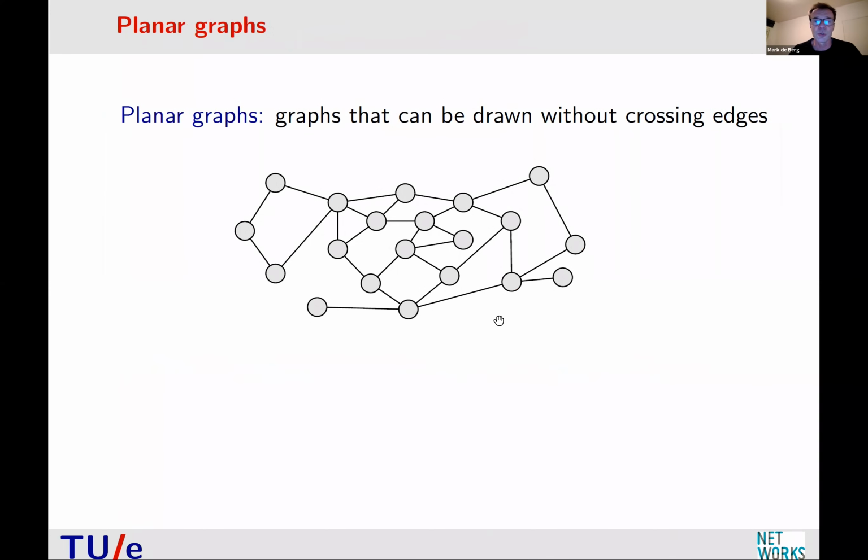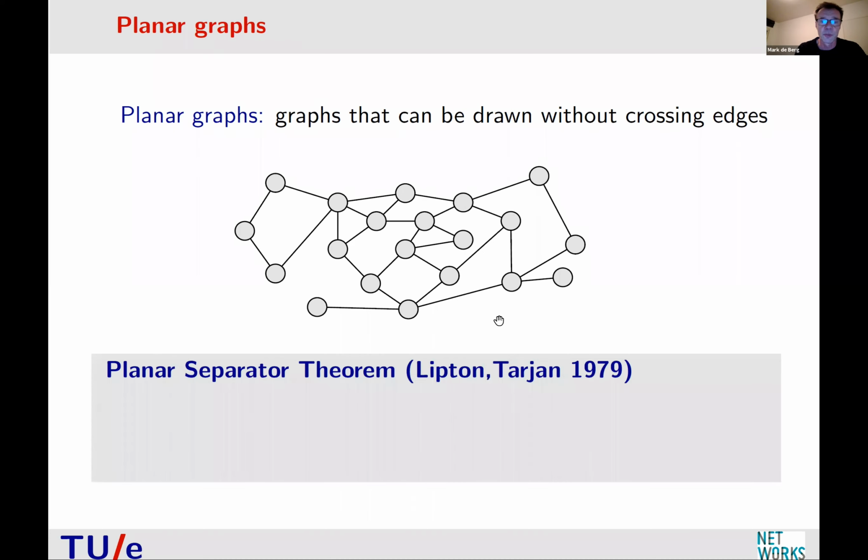So how can we solve these problems on planar graphs in sub-exponential time? Well, it uses the planar separator theorem. So what's that theorem? Here you see a planar graph, a graph where the edges do not cross, or you can draw it in such a way that the edges do not cross.